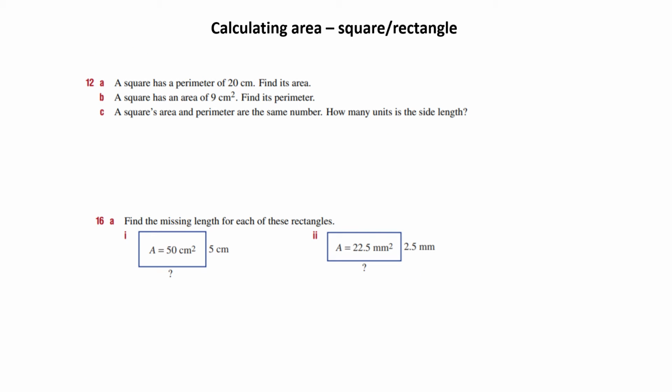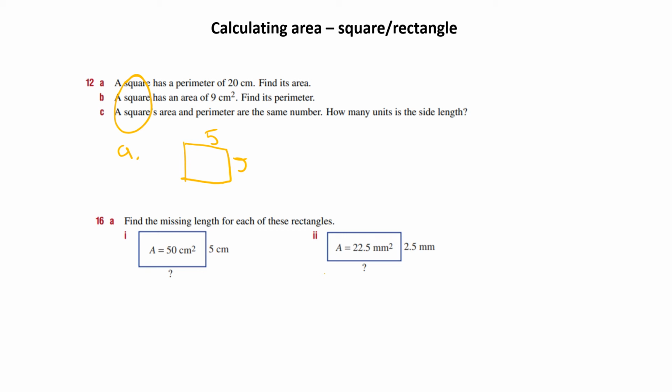Let's have a look at this one. Calculating area of a square or rectangle again. But now, a square has a perimeter of 20 centimeters. I'm going to go with A. If a square has a perimeter of 20 centimeters, if I draw that, that means 5 and 5.